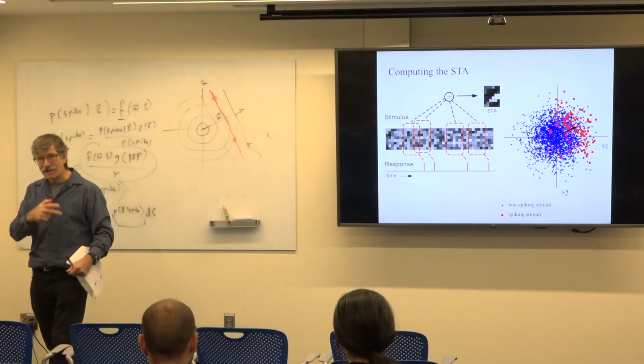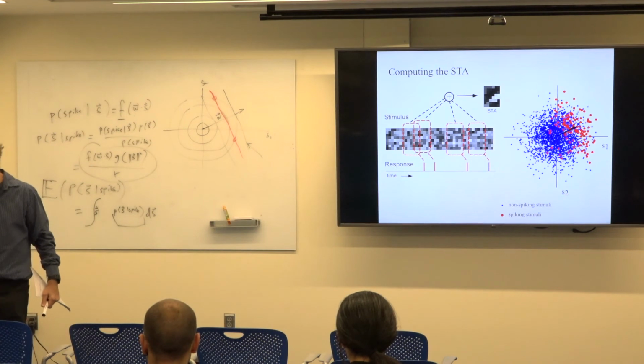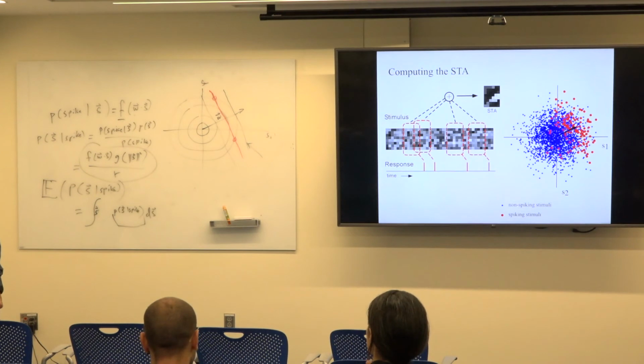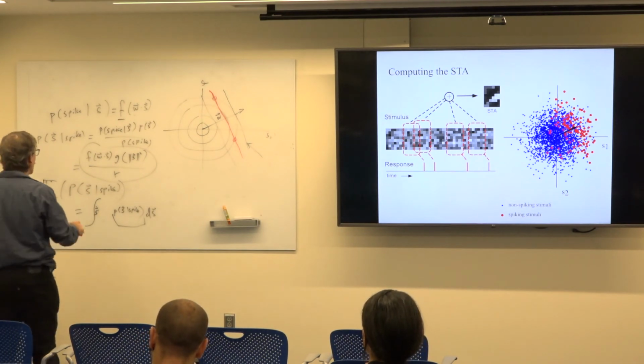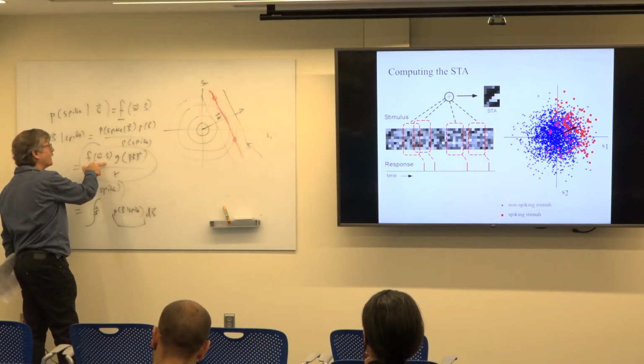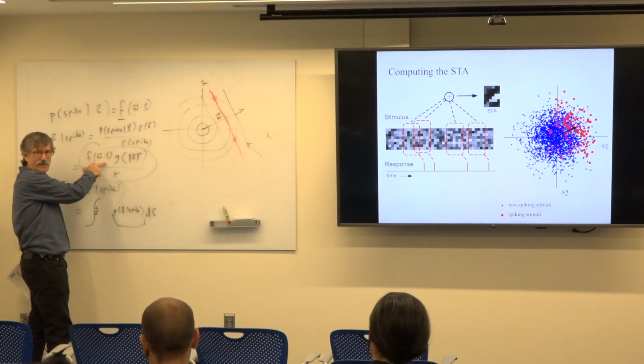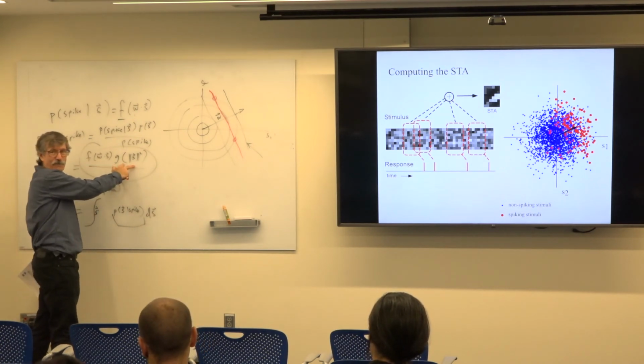Okay? So we're going to take a weighted average of stimuli, weighted by these terms here. And in particular, those 2 points are going to contribute to the average. Now those 2 points have the same dot product because they're on that line. So this term is the same for both of those points. This term is the same for both of those points because they're on a circle.